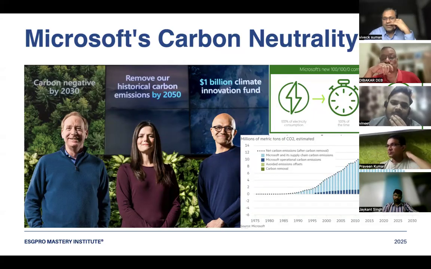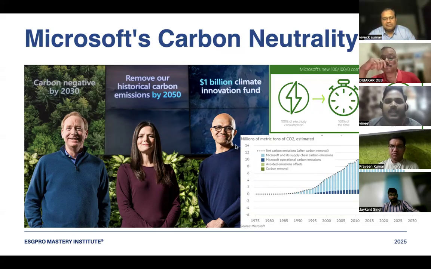And the green graph which is downward is an accumulation of supply chain carbon removal and operational carbon emissions. As they are decreasing from upward, they are increasing in carbon removal. That is what I have comprehended from this.